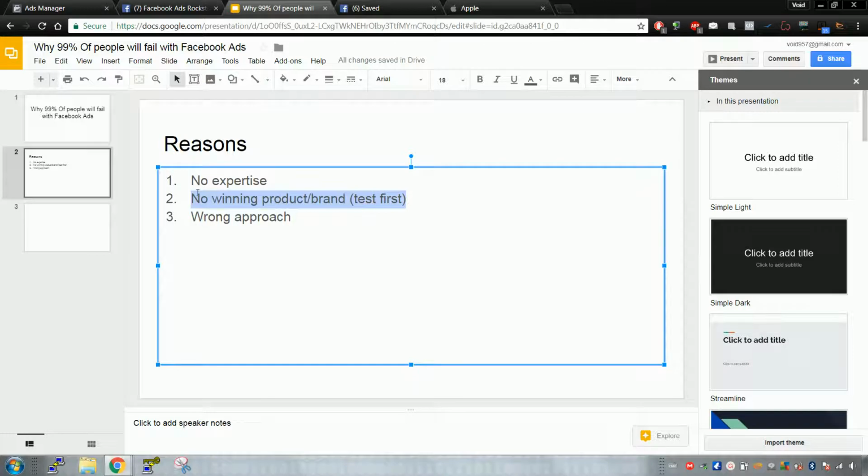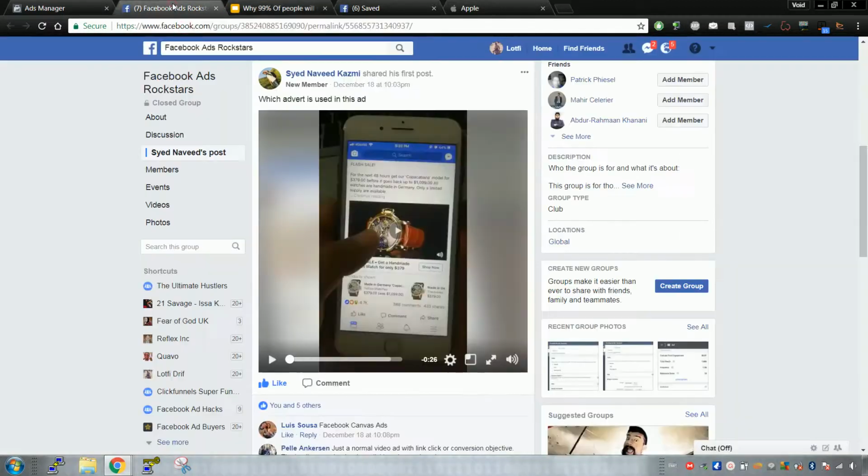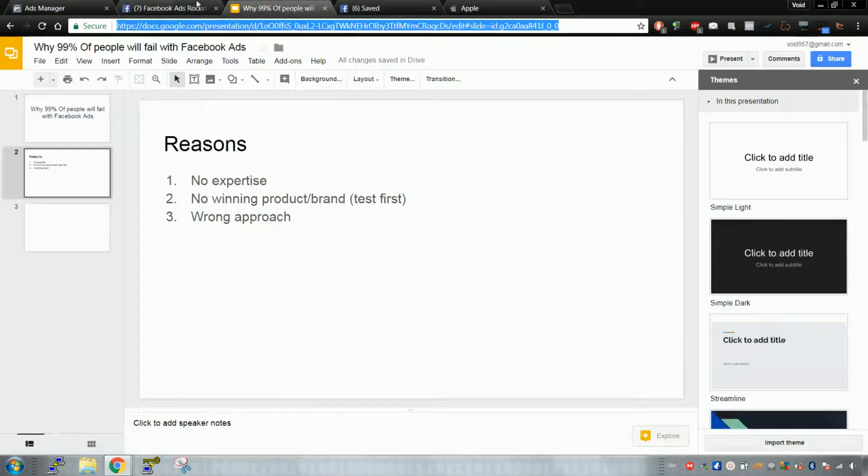All right, so let's say you do now have expertise, but you're still failing with Facebook ads. The second main reason is that the website is not good, and not just that, they have no real product. Most websites will have a lot of products, maybe 10 to 20, and they still haven't found a winning one.